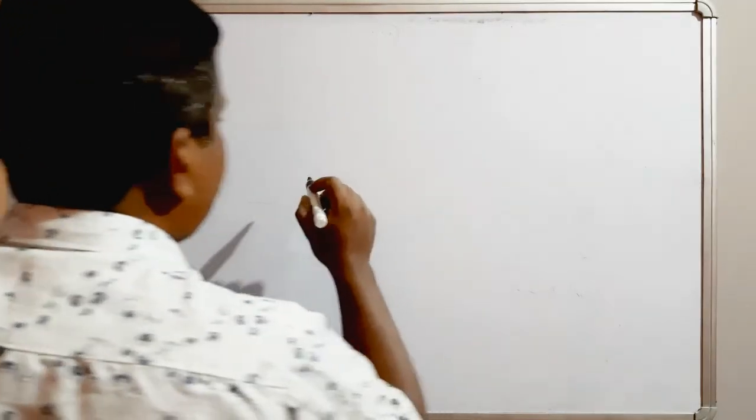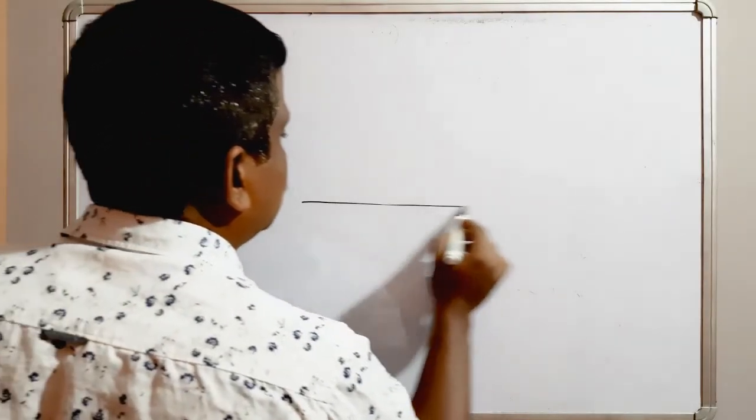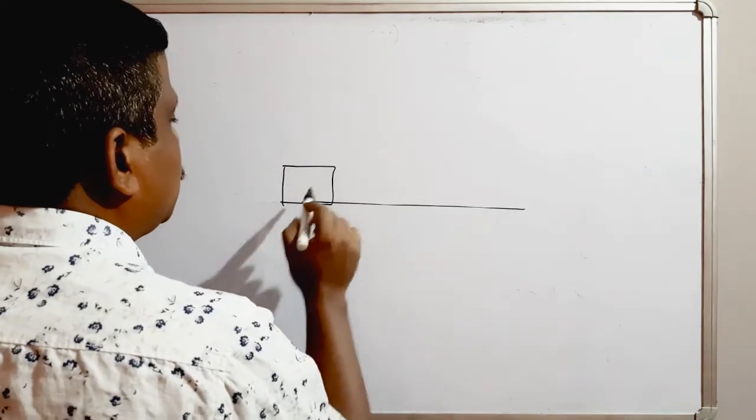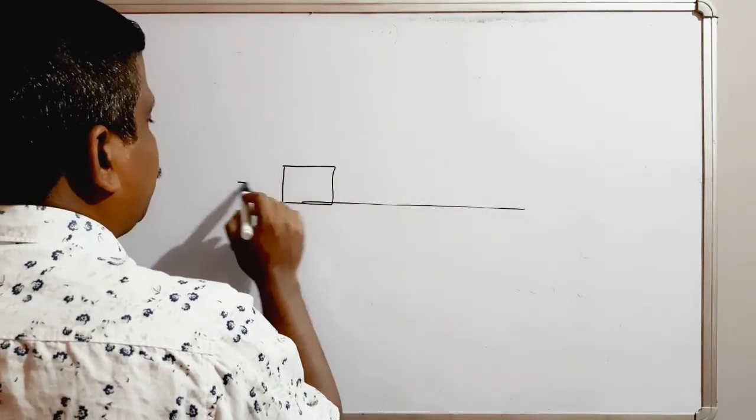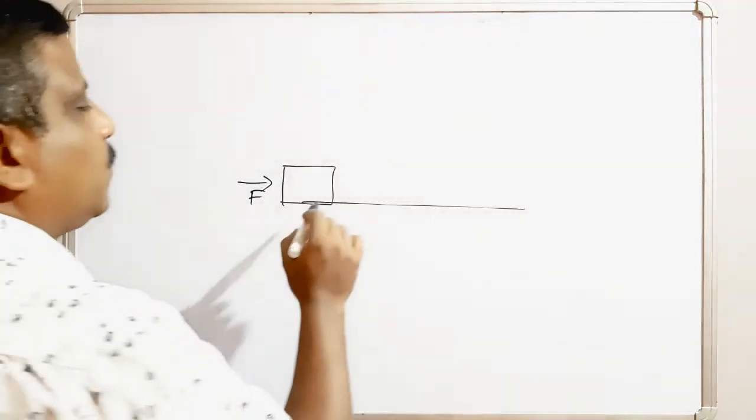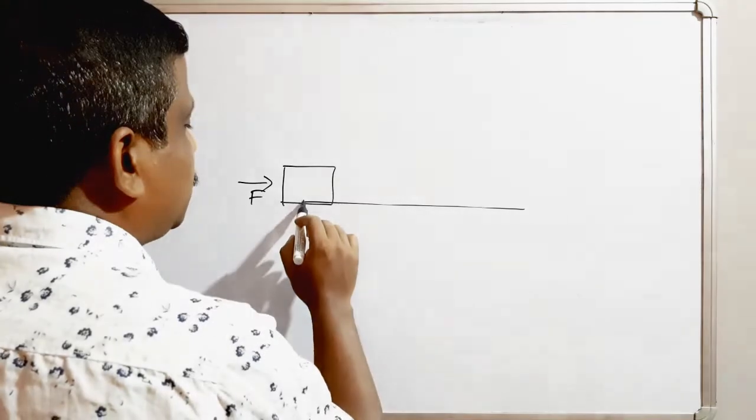Suppose a body is kept here. This is a horizontal surface. A body is kept here. Suppose a force F is applied here, and the body displaces from this position.